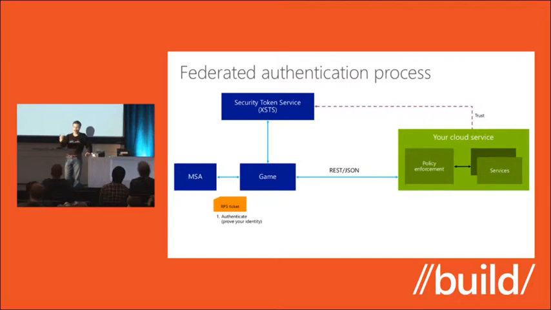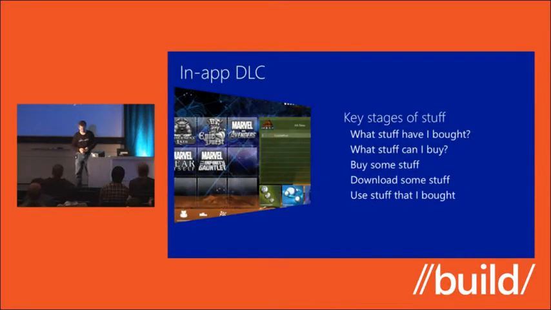So you come to us, we sign a contract for this relationship, and we exchange PKI certificates so that we know who we're talking to. Then we get a token back specific for your service, which is an encrypted blob that you would then send up to your own service, which can then decrypt it based off the keys that you have. So that's the federation.